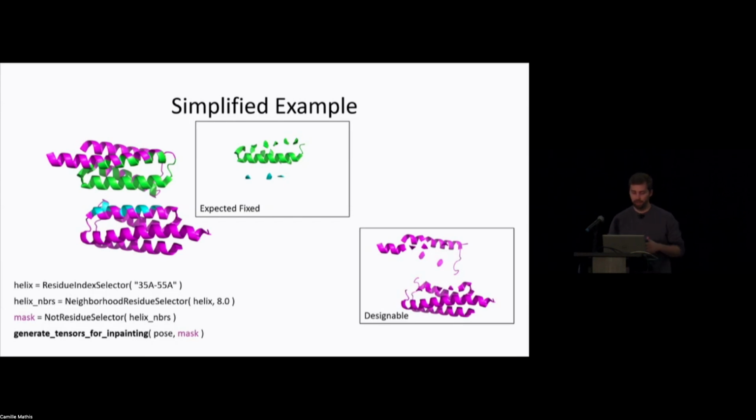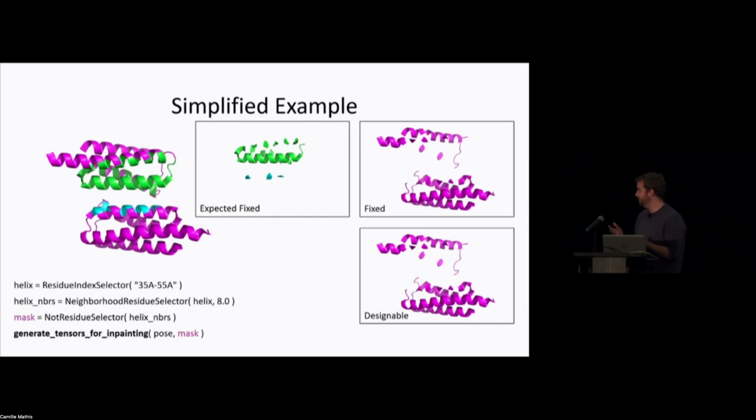But instead, when you actually print this residue selection, you get this. Both masks actually select the same subset of the pose, and the actual code will select everything except the helix and its neighbors to be designable, and everything except the neighbors to be fixed. In hindsight, I do believe this has killed projects of mine over the years, and hopefully not too many of yours, but maybe some, because you don't always unit test the plus sign or very simple things.